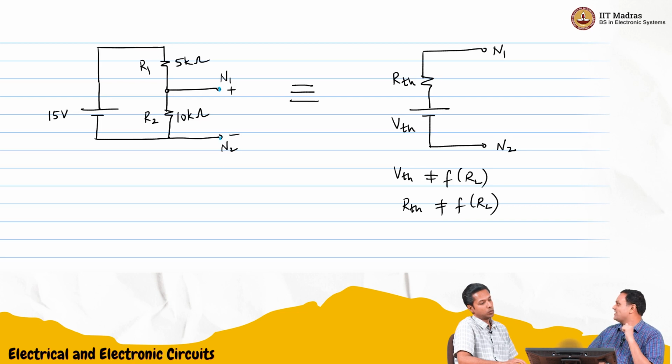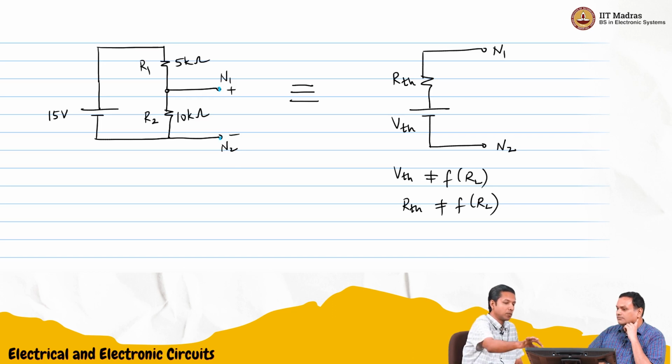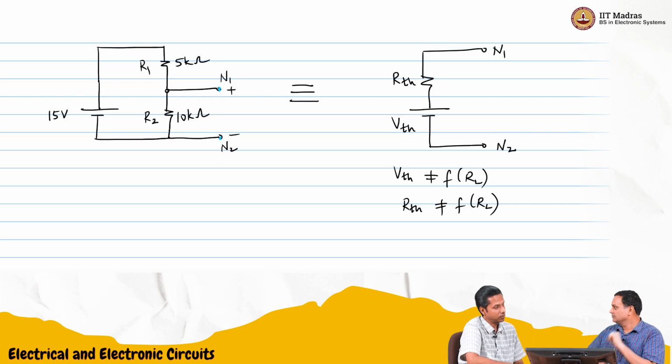We need to find an easy way. So VTH is basically the voltage across the Thevenin equivalent circuit, the output voltage without load, the open circuit voltage. Both are the same.